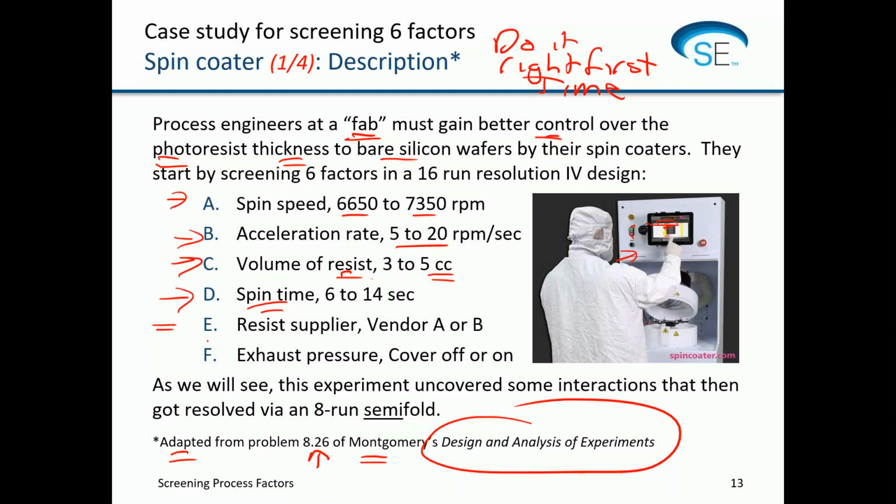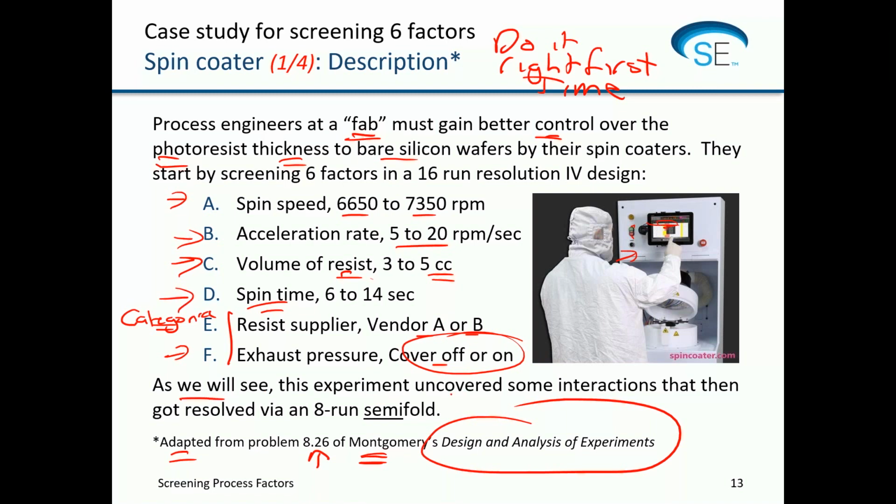Here's a categoric factor. So these 2 factors are categoric, which is fine. We can fit that into the 2-level experiment. And this one's kind of fun because either we leave the cover on or we take it off. And again, this came from the Montgomery experiment.